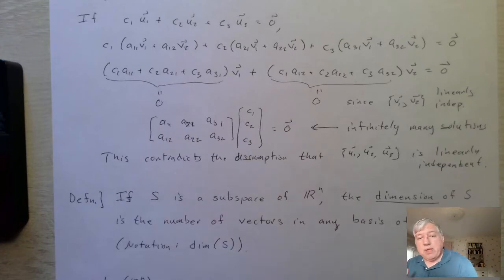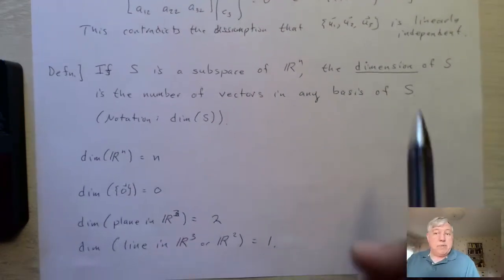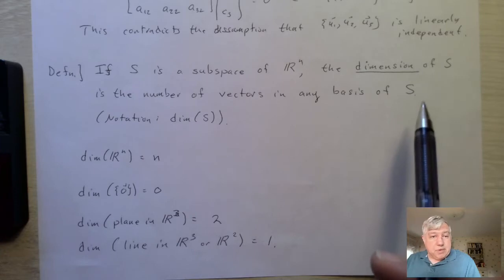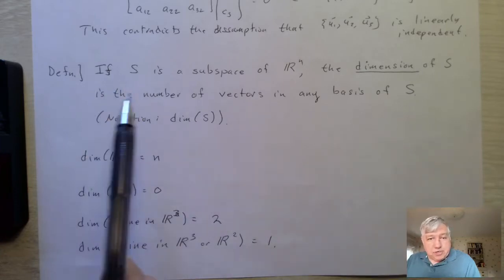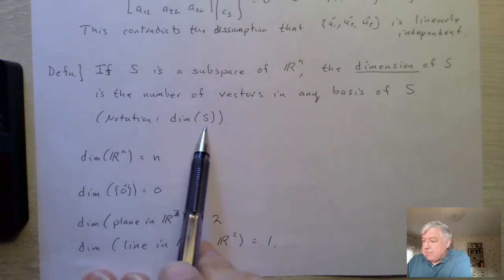So that's why the number of elements in a basis is unique, and that number is called the dimension of that subspace. The official definition is that if S is a subspace of Rn, the dimension of S is the number of vectors in any basis of S, and we denote it by dim S.